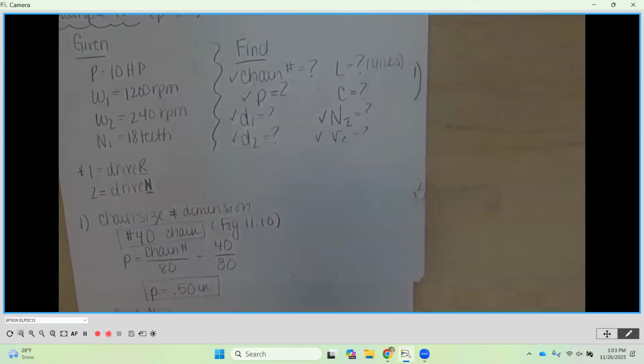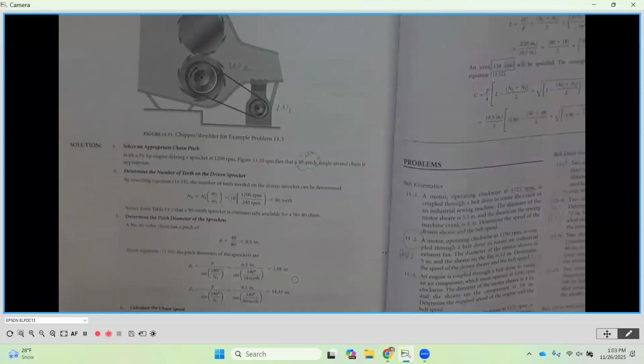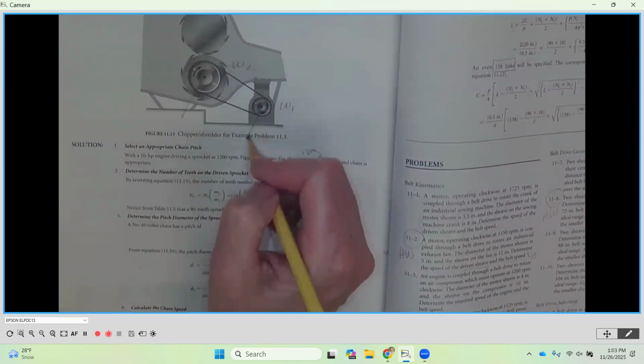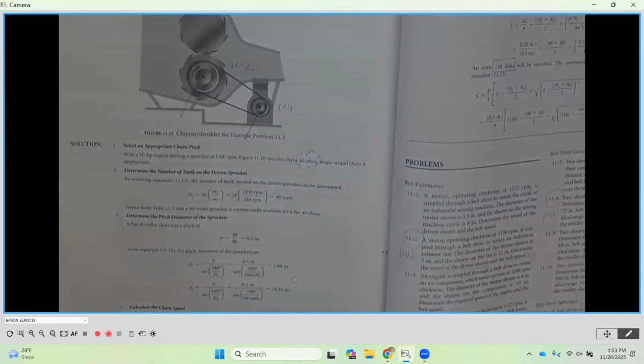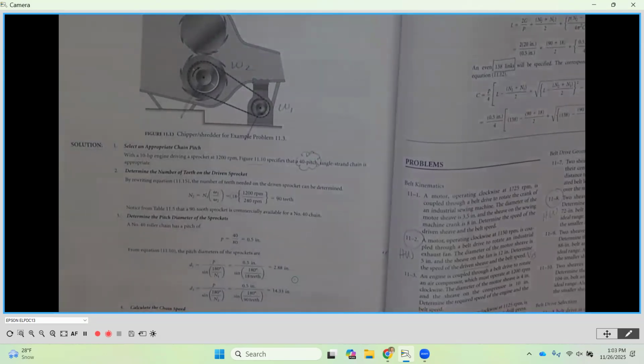Then the center distance, in this case, we don't have a dimension. They weren't like, okay, the distance between this center and this center is this many inches. So what we're going to do is determine it based on the appropriate range, and we're going to pick a number. The big book picks a number for us.